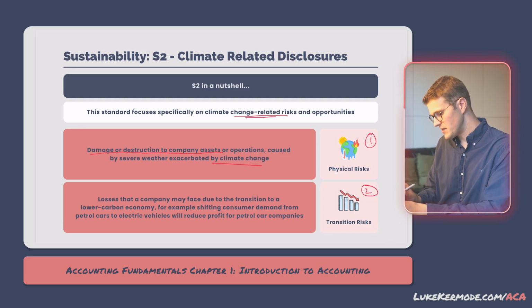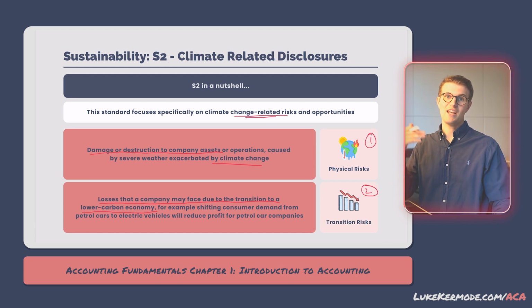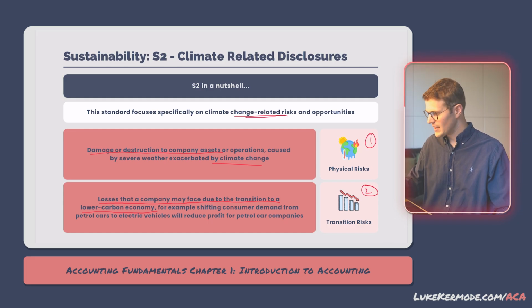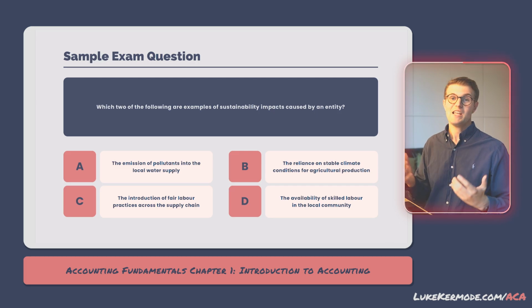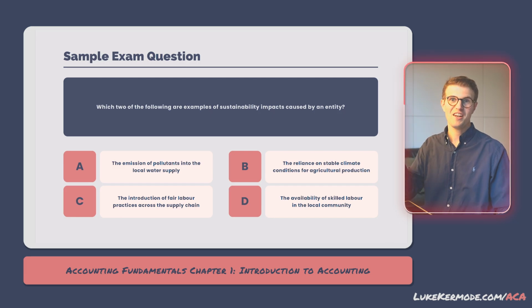Together, these two risks can reduce profits, increase costs, and decrease a company's valuation. So in short, IFRS Standard 2 gives investors a detailed view of how financially exposed a business is to climate change related financial risks.